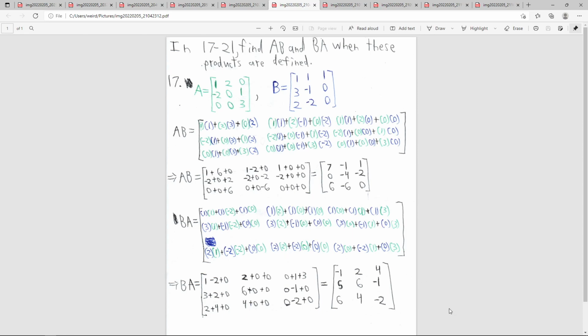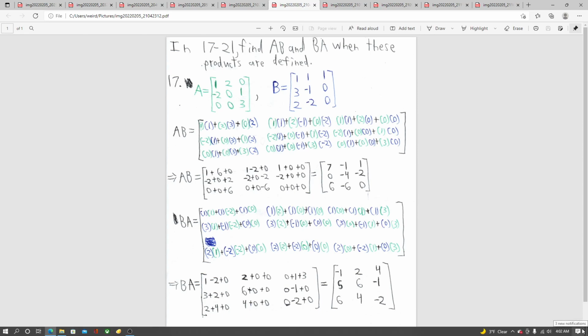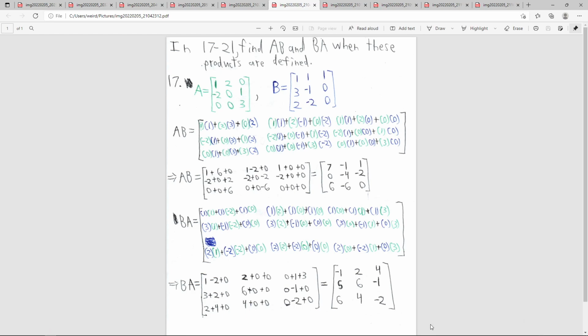It only happens occasionally, like maybe with some simple matrices, and also where one is the identity. The identity matrix is the most common case for AB equal to BA. That's just important to state, but obviously here AB and BA are different.